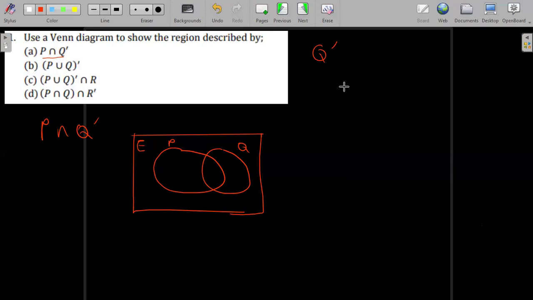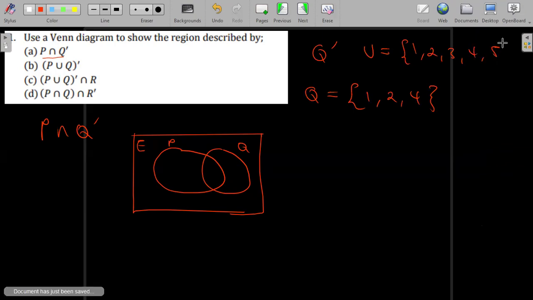So if I have a set Q, let's say the set Q has elements 1, 2, and 4. Then I have, let's say, the universal set U, which is 1, 2, 3, 4, and 5.